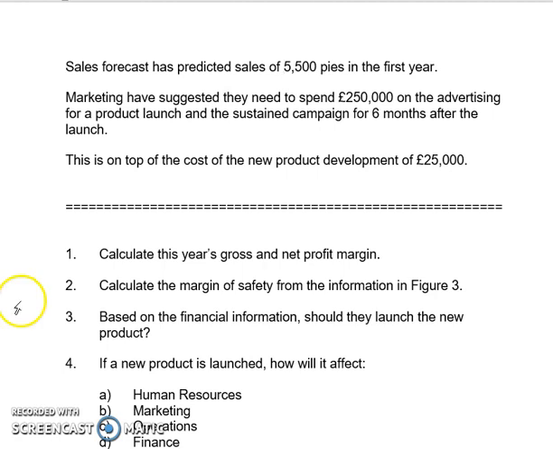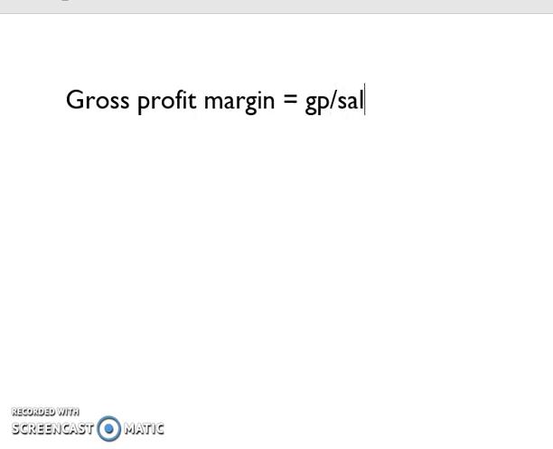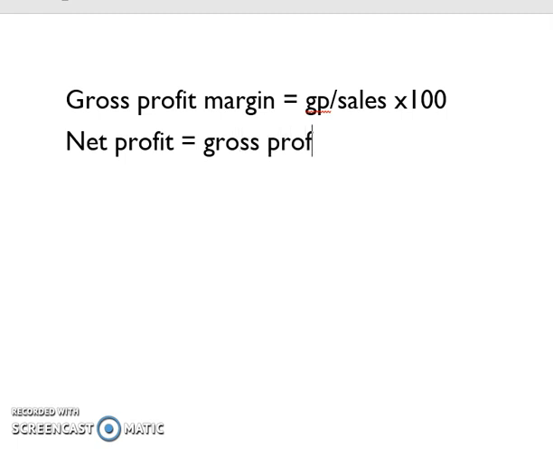But let's just go back to the finance. What I want to do is just make sure that you're happy with some of the calculations. So remember that the gross profit margin is the gross profit divided by sales and then times 100. The net profit needs to be calculated. So remember, that is going to be your gross profit minus your expenses.